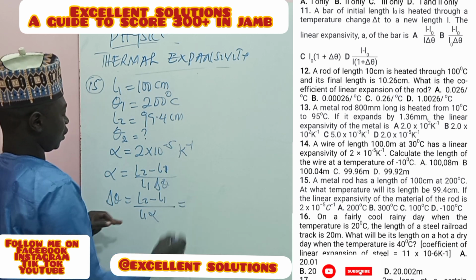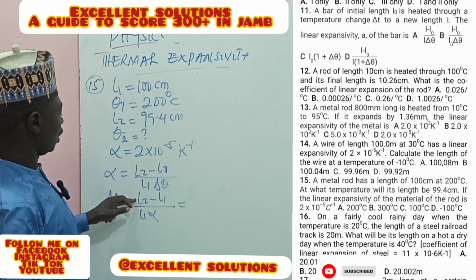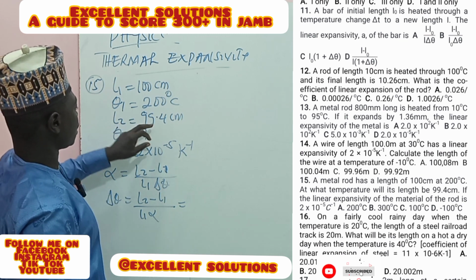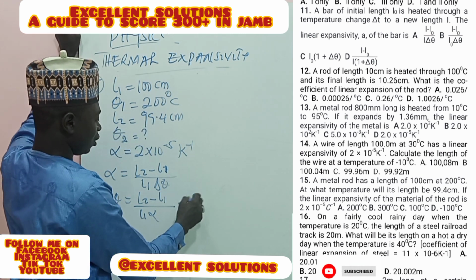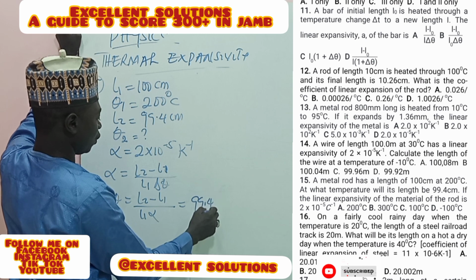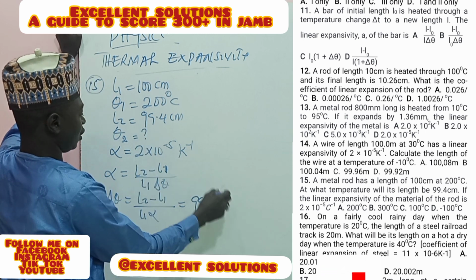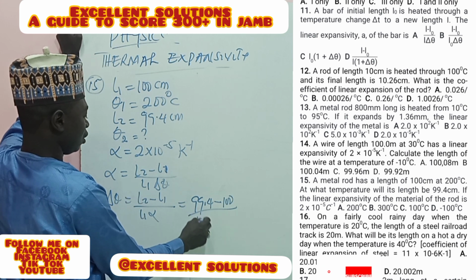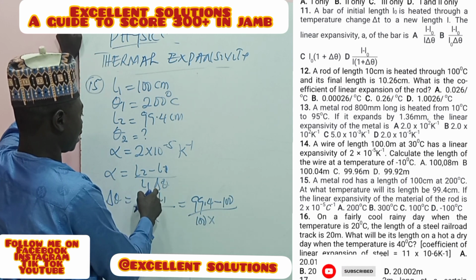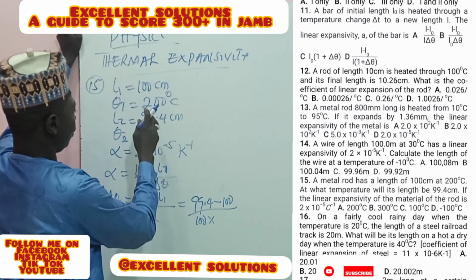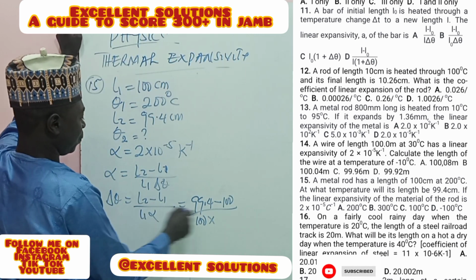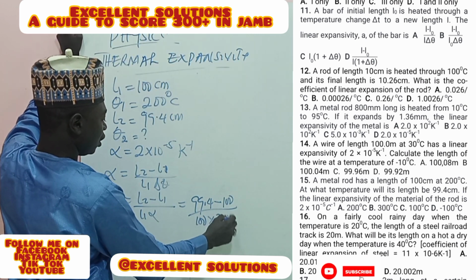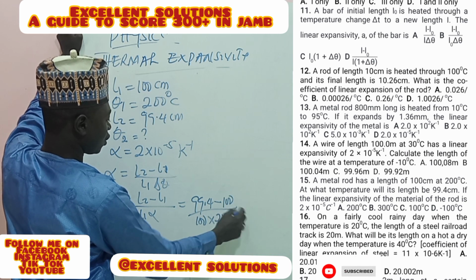So this will now give us L2, which is 99.4, minus L1, 100, divided by our L1, 100, times alpha, which is 2 exponential minus 5.